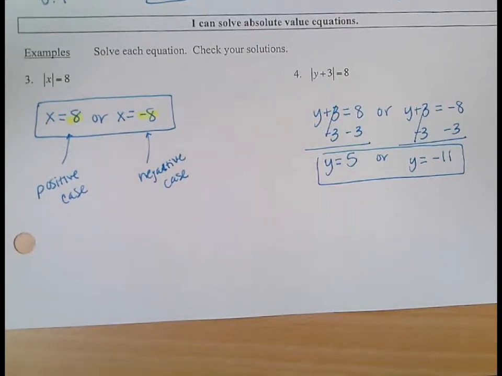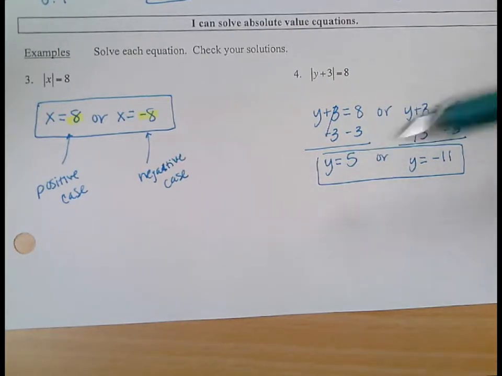Keep in mind, too, in certain cases it's very important that you check your answers, because it is possible that you could get an answer that when you substitute it back in, it doesn't actually work. I'm not requiring you to show that you're checking your answers, and it could just be a simple check in your head or on your calculator.